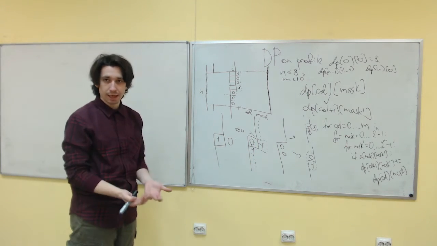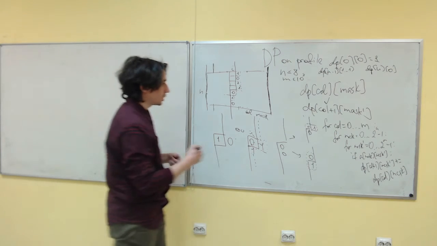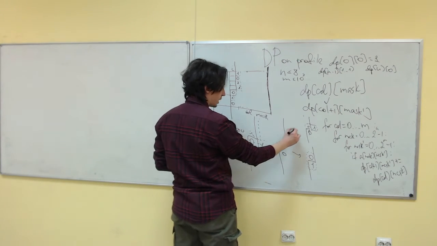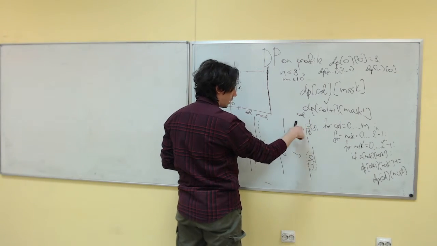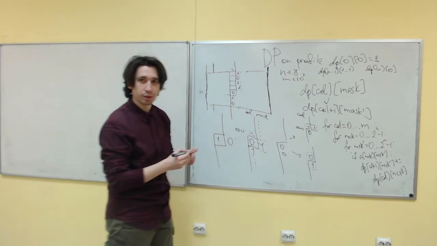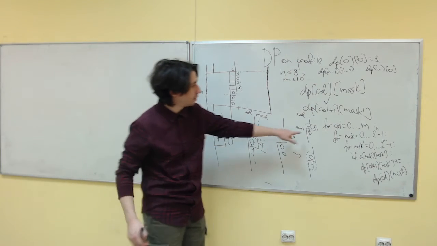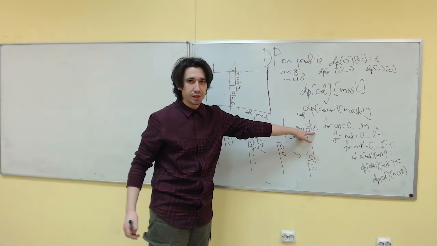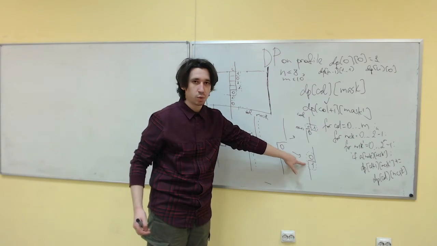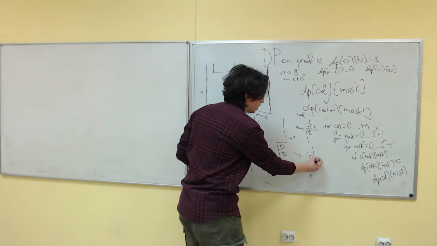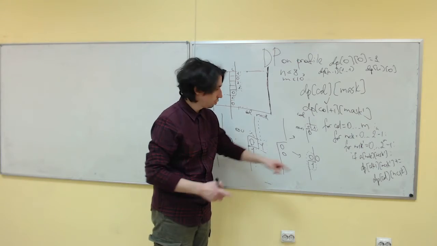Then we want to make steps. We just go to row plus 1 in the column, and the mask is changed correspondingly. So it either becomes 1 here, or it becomes 1 here. In this case, here is 0 in the new mask, and here is 1.